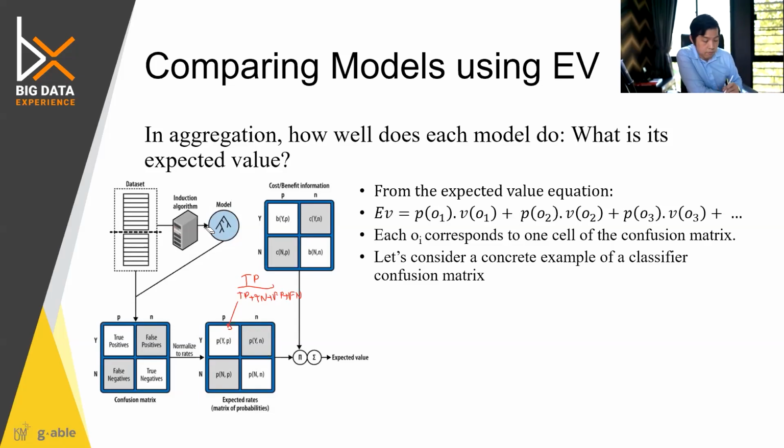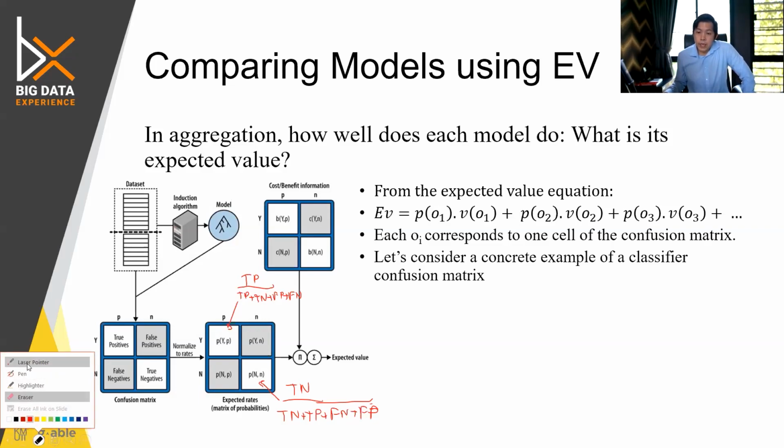So this is this one, and for this, PNN is the true negative divided by true negative plus true positive plus false negative plus false positive, right? So this is the proportion of the cases belonging to a specific classification class, a specific box here, right?